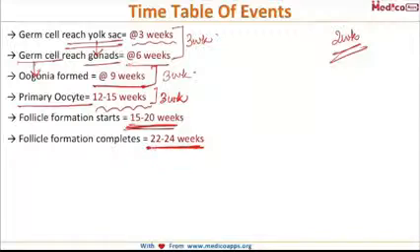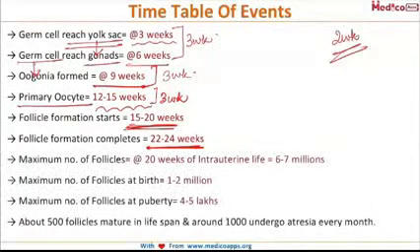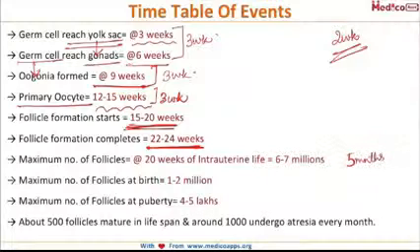Now we have some important questions regarding the number of follicles. The maximum number of follicles are present at 20 weeks of intrauterine life, that is 5 months of gestation. That number is 6 to 7 million. Now they undergo atresia, they degenerate, and at birth only 1 to 2 million of these follicles are present.